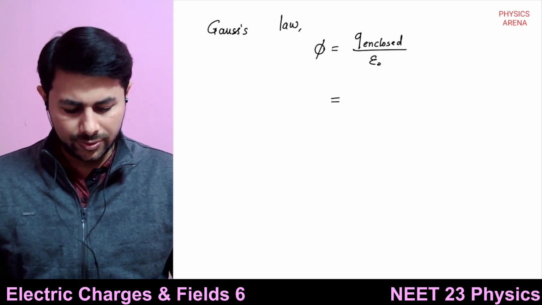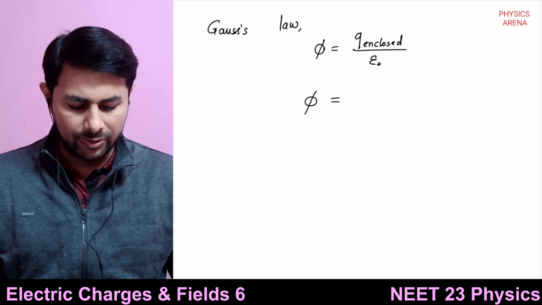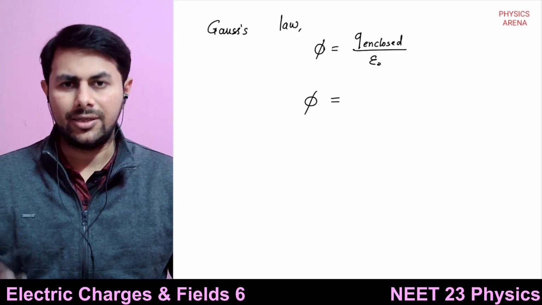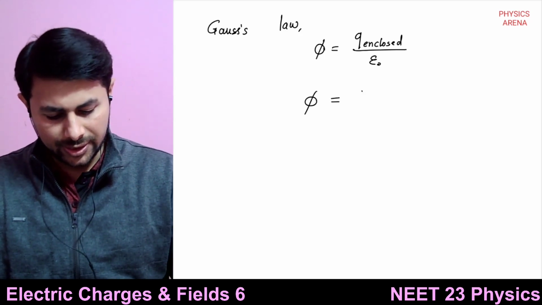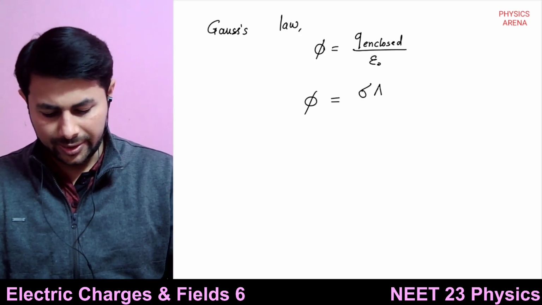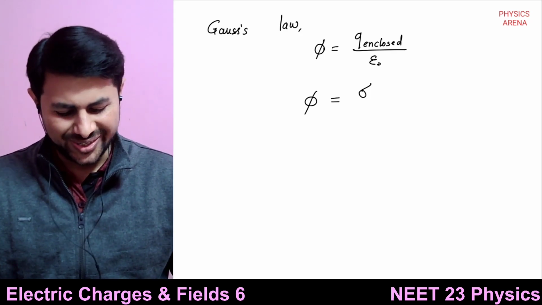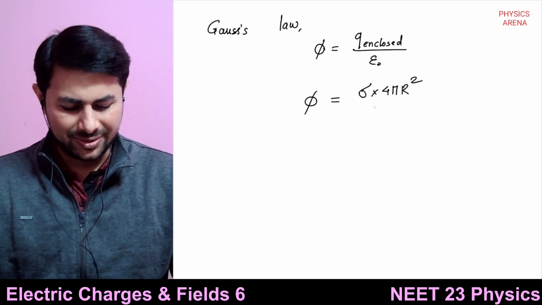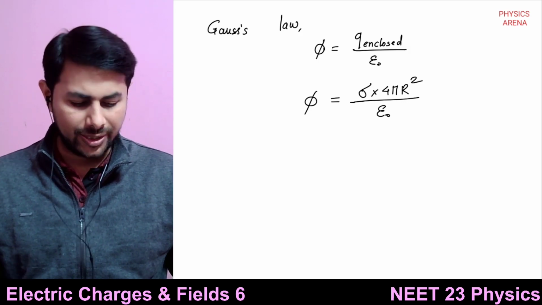So now we'll find two different formulae. First, the charge enclosed is equal to sigma, the surface charge density, multiplied by the surface area of the sphere. The surface area is 4 pi R square, so it is sigma multiplied by 4 pi R square.